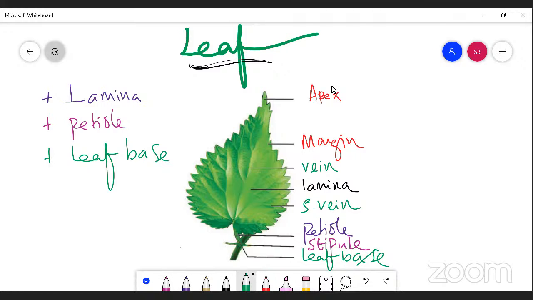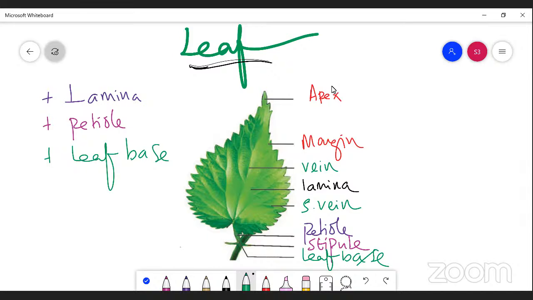So the leaf lamina, which is green in color, very thin and flattened, the large-sized part of the leaf, is called the leaf lamina, or it is also known as the leaf blade, right? And the petiole, the stalk of the leaf, is called the petiole, because it gives rise to the leaf lamina, right?